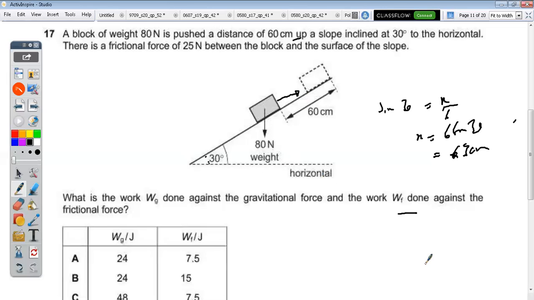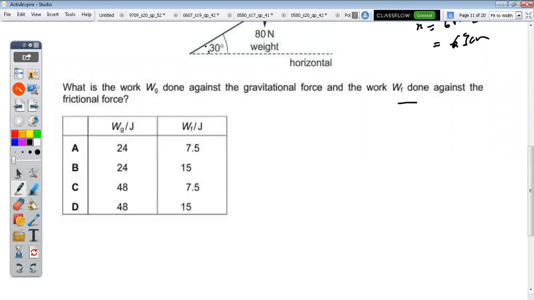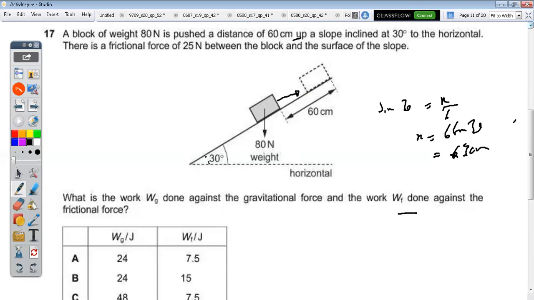So what do you think? It's a tricky question. What is the work done against gravitational force and the work done against frictional force? The frictional force is 25.